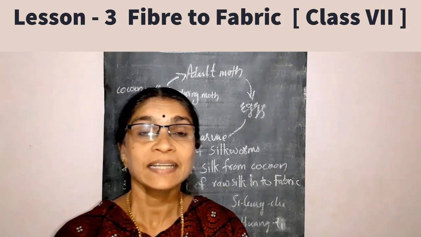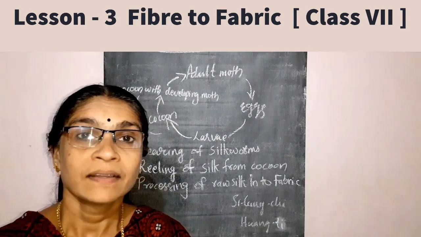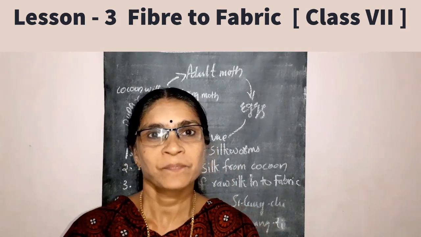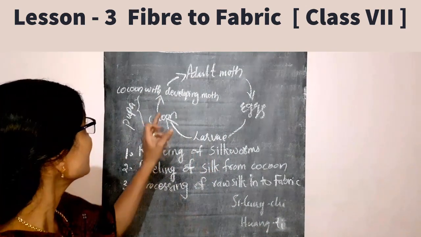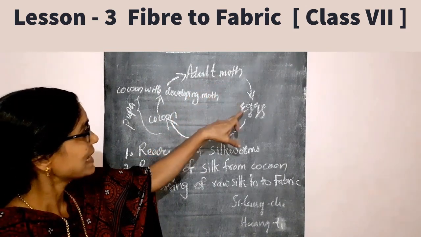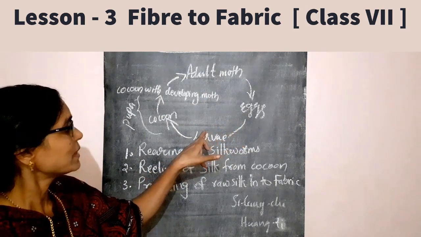Already we discussed in the last class, the fibers are reeled from the cocoon of the silk moth. Then we studied the stages in the life history of the silk moth. First, the adult moth lays eggs, and these eggs hatch to form larvae.